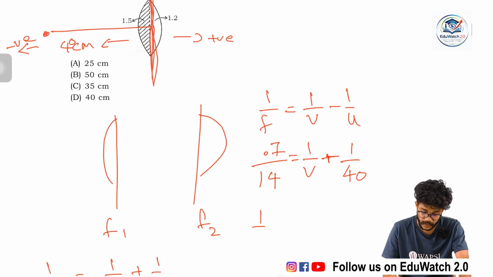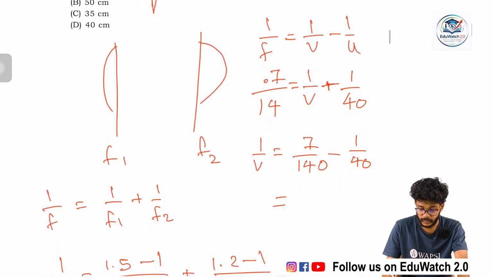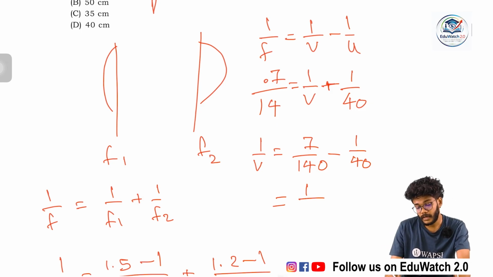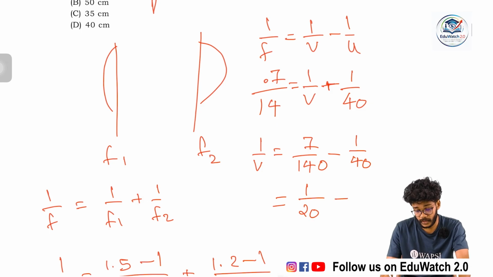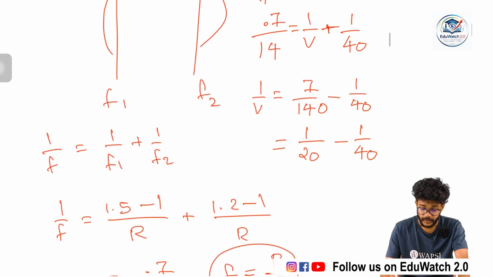So 1 by v is equal to 0.7 by 14 minus 1 by 40, that means 7 by 140 minus 1 by 40. 7 by 140 means 1 by 20, so 1 by 20 minus 1 by 40, which is equal to 2 minus 1 by 40, that is 1 by 40.